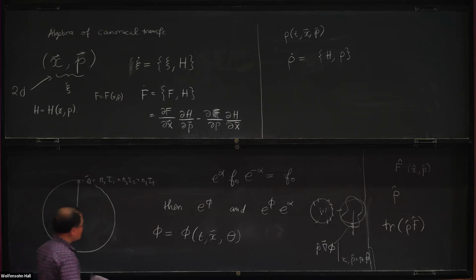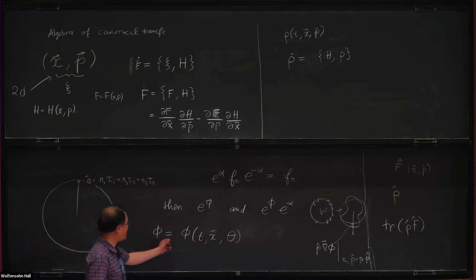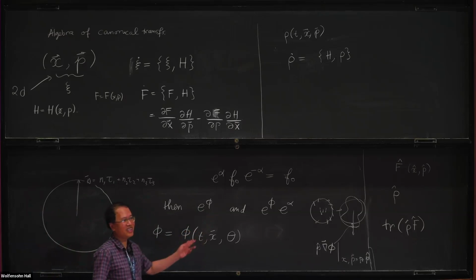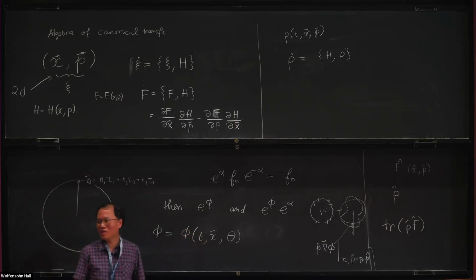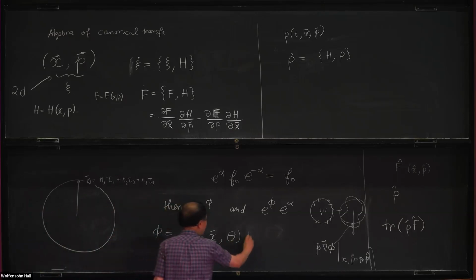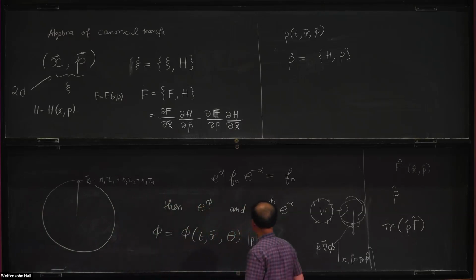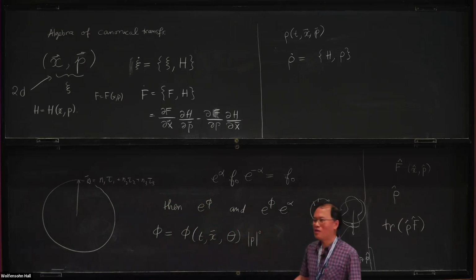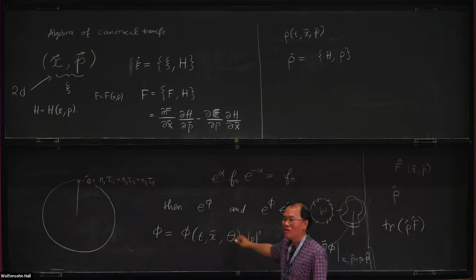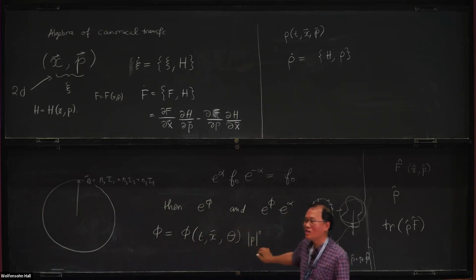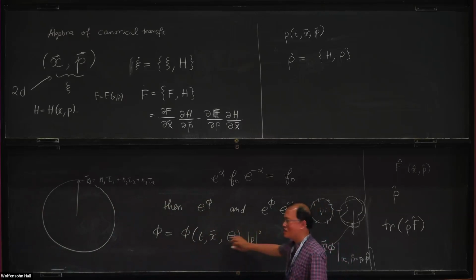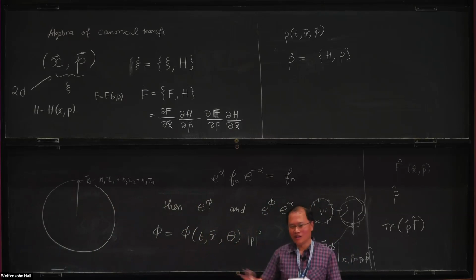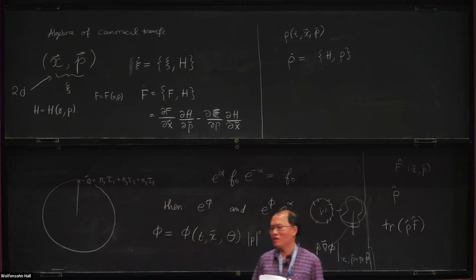So the dependence of phi on the radial direction can be arbitrary. One can put it to be the absolute value of p to any power we want, say 0. Let me put it at 0 power, but one can put it at, say, first power. It just corresponds to working in a different gauge. The radial dependence of phi is something one can fix by choosing a gauge.